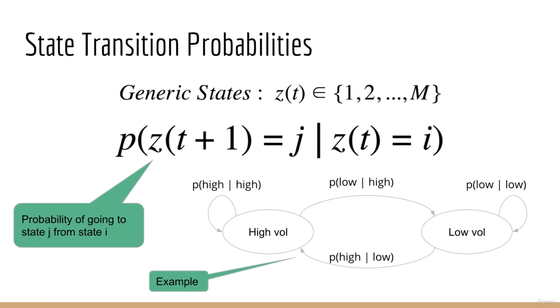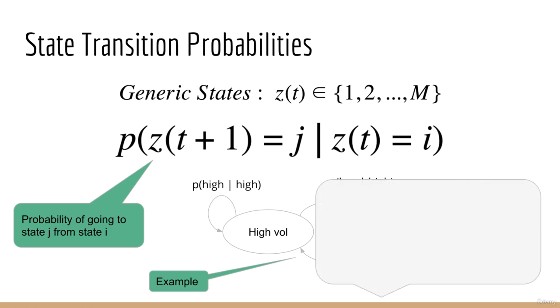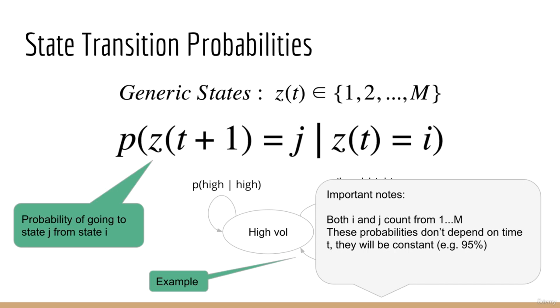Okay, so that's just for when we want to write down these probabilities mathematically. It should be clear that i and j both count from 1 up to M. Furthermore, note that these probabilities do not depend on t. That is, the transition probabilities are the same today as they were yesterday, they will be the same tomorrow, and so on.